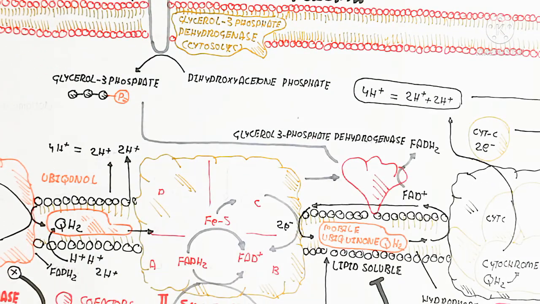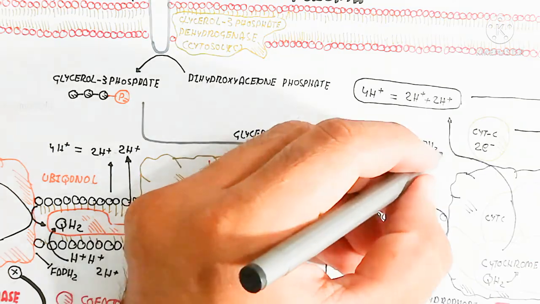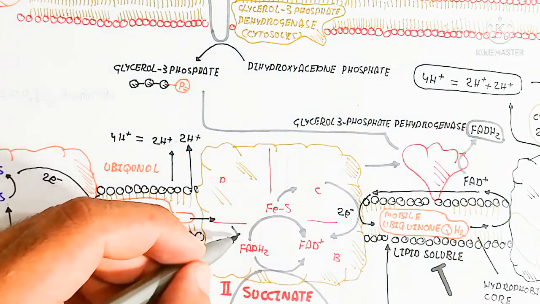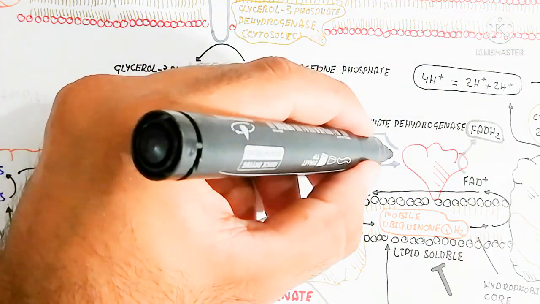So in this manner, 6 protons will be produced from the FADH2 instead of the NADH. That is known as the glycerol 3-phosphate shuttle mechanism. The important thing is that you should understand that.